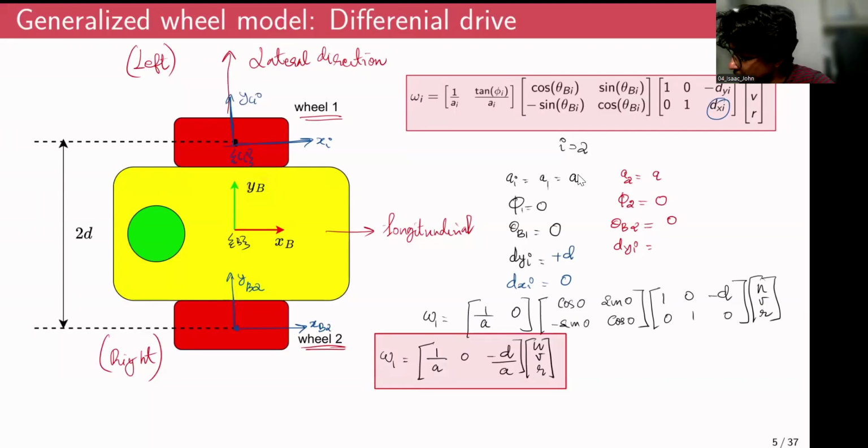So dy2 would be negative d, and same as before, dx2 is 0. If you substitute all of these parameters into this generalized wheel model, the final expression would look something like this. Omega 2 is 1 by a, 0, then you will get a plus d by a, this multiplied by UVR.